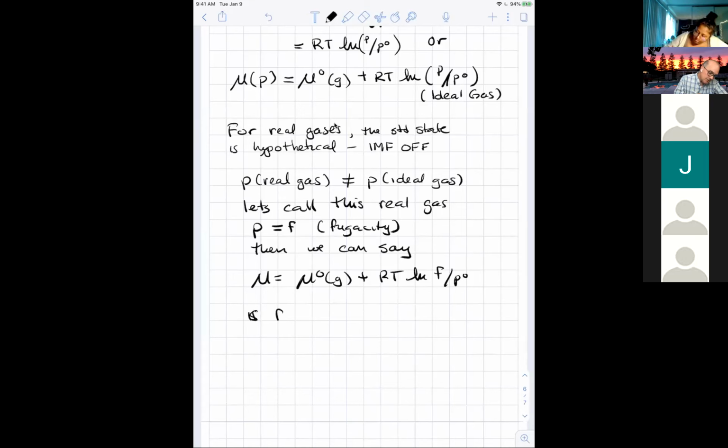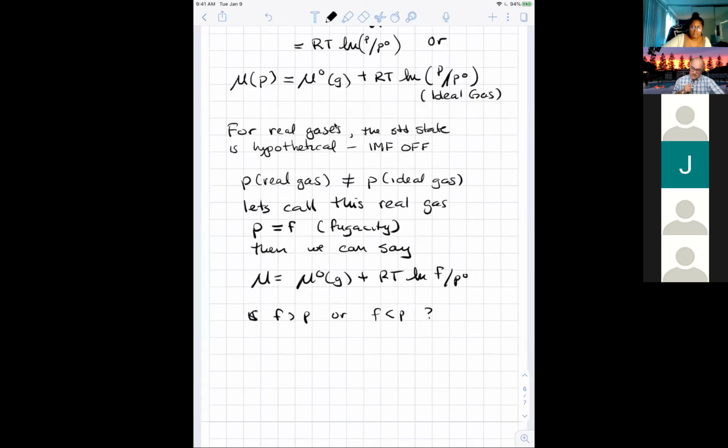In other words, I don't know if F is greater than P or F is less than P, but at this point we don't want to limit ourselves. We just know that it is the real pressure, right? So that's the confusion here, is why am I calling the real pressure something different? It's because I want to relate this to the ideal gas pressure, which I can figure out pretty easily, right?